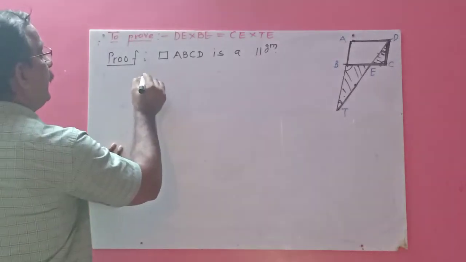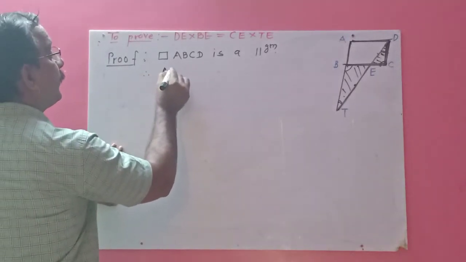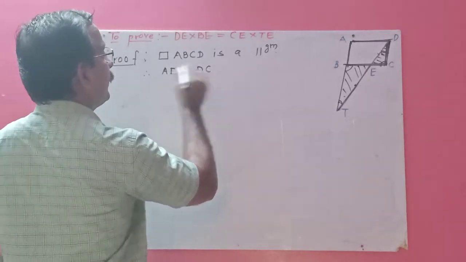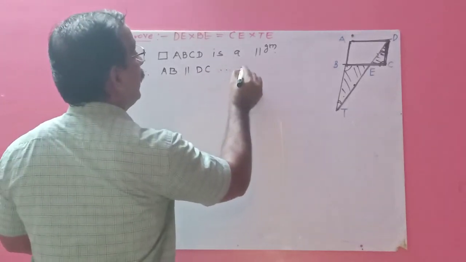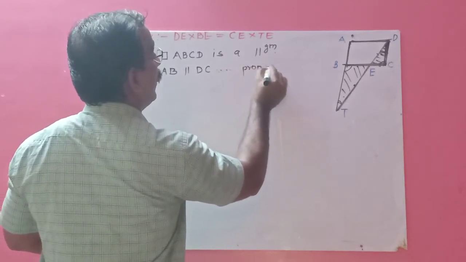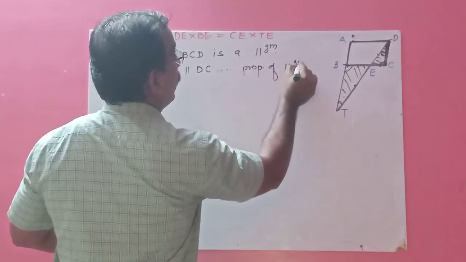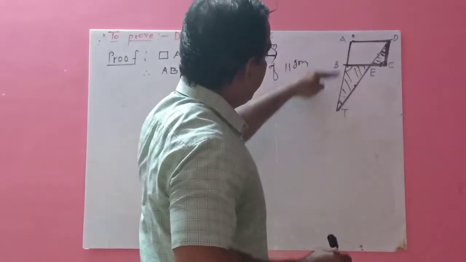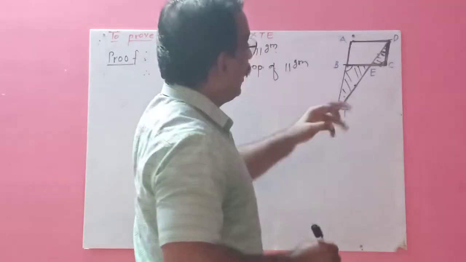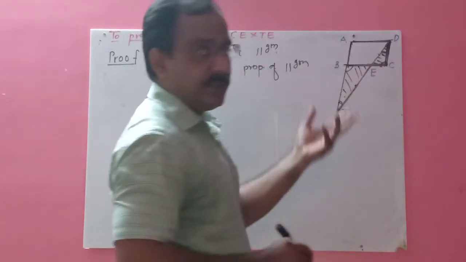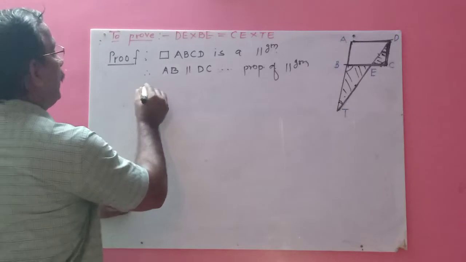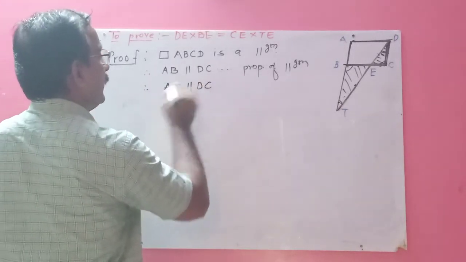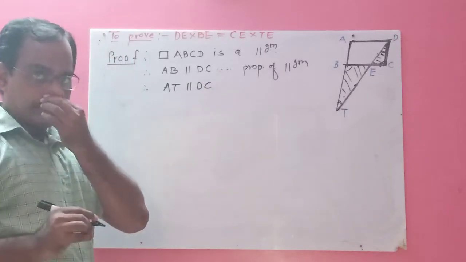So here, therefore AB is parallel to DC. Property of parallelogram. If AB is parallel to DC, I can say that AT is parallel to DC, or BT is parallel to DC, same thing. So here therefore AT is parallel to DC because T lies on AB.